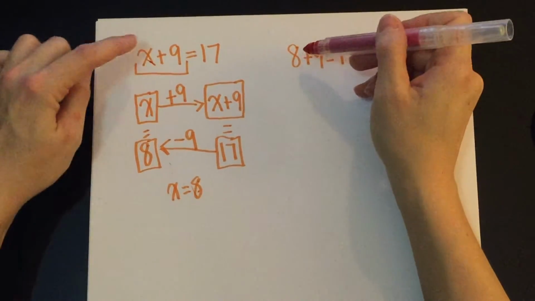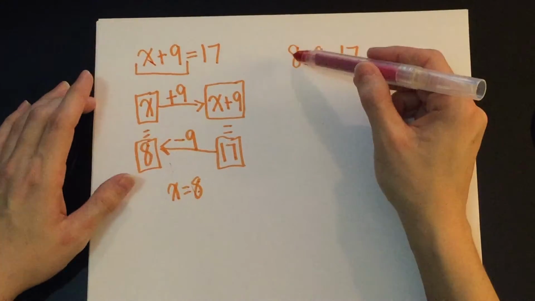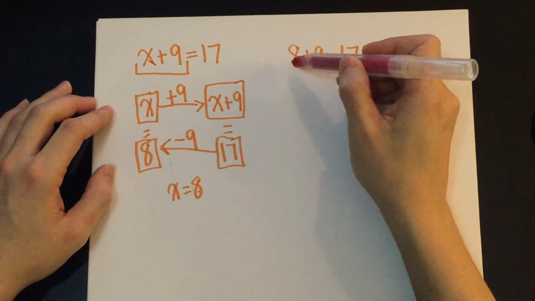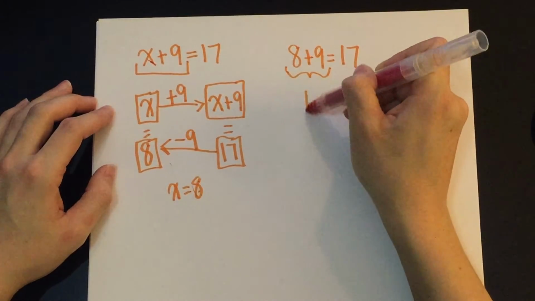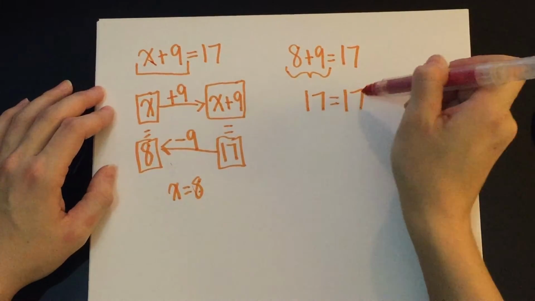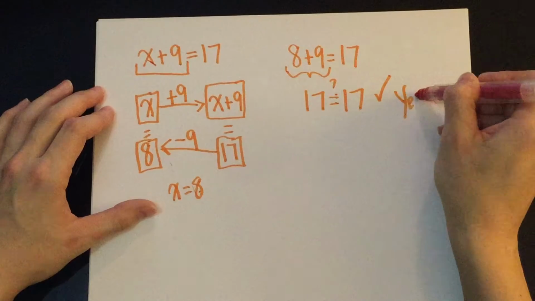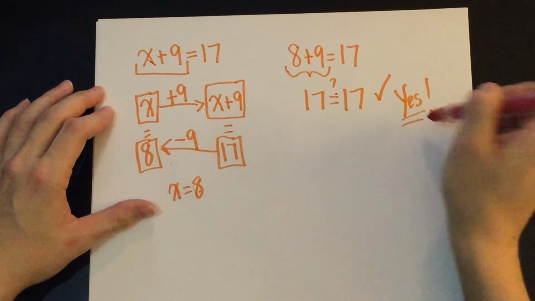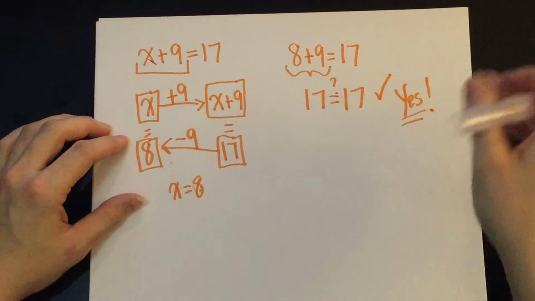Instead of x, I'm substituting in an 8. 8 plus 9 equals 17. And does 17 equal 17? Yes, it does. So x equals 8 must be a solution to this equation.